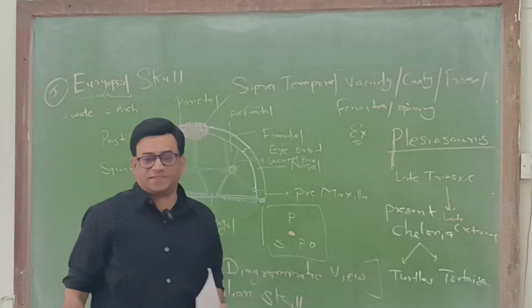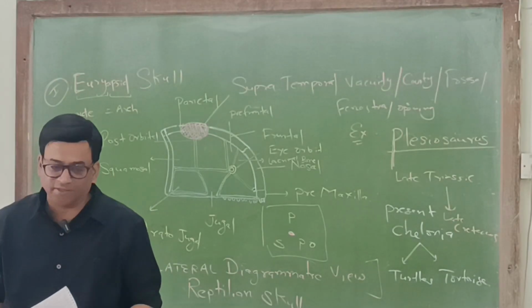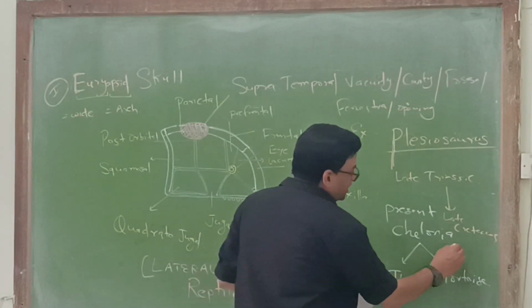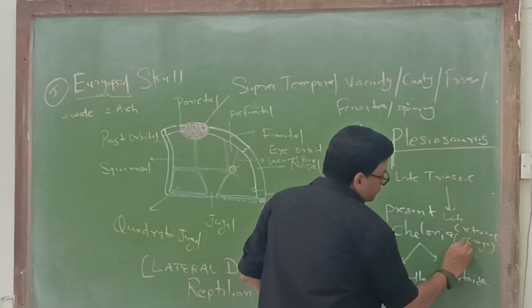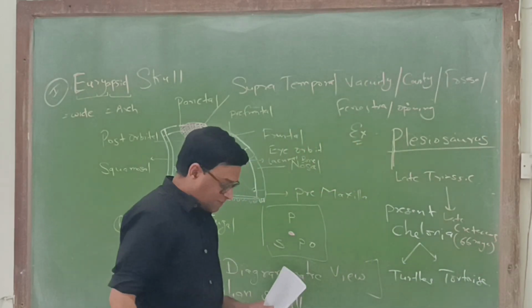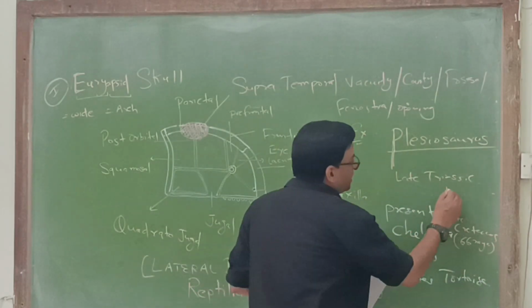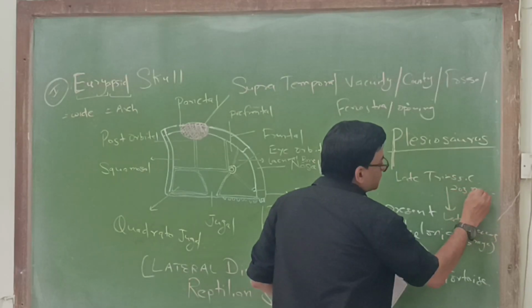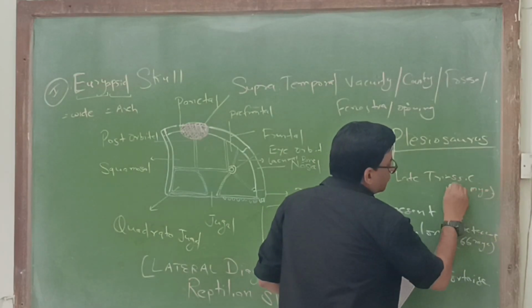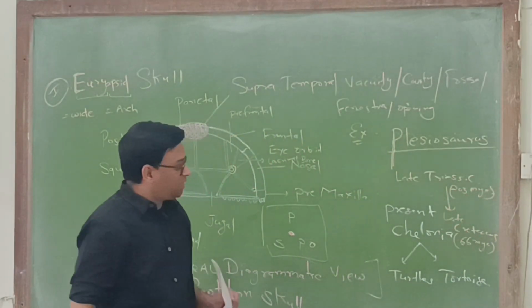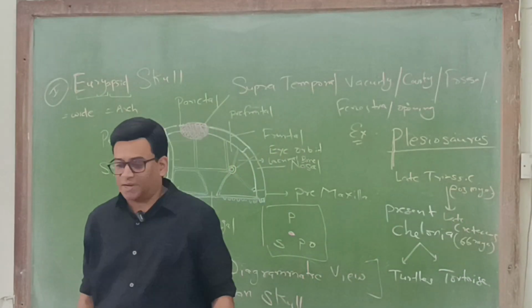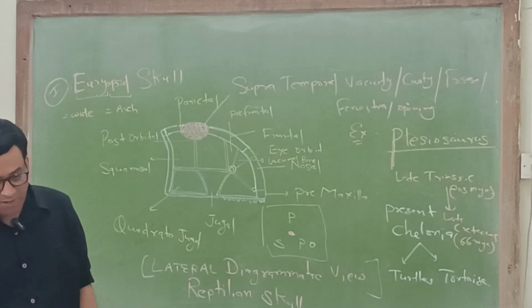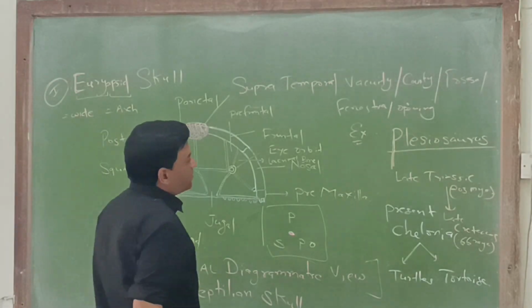Before the Cretaceous mass extinction, which was 66 million years ago, and the late Triassic was near about 203 million years ago. So from 203 million years ago to 66 million years ago, this much span, we found the fossil of great Plesiosaurus.